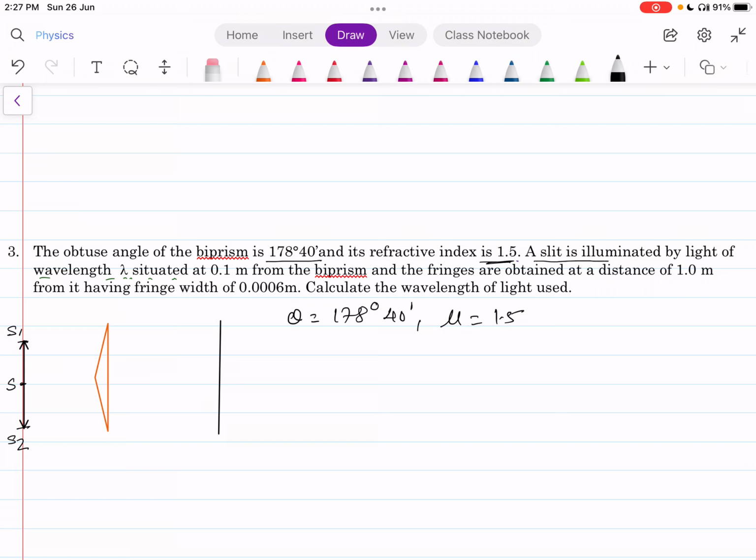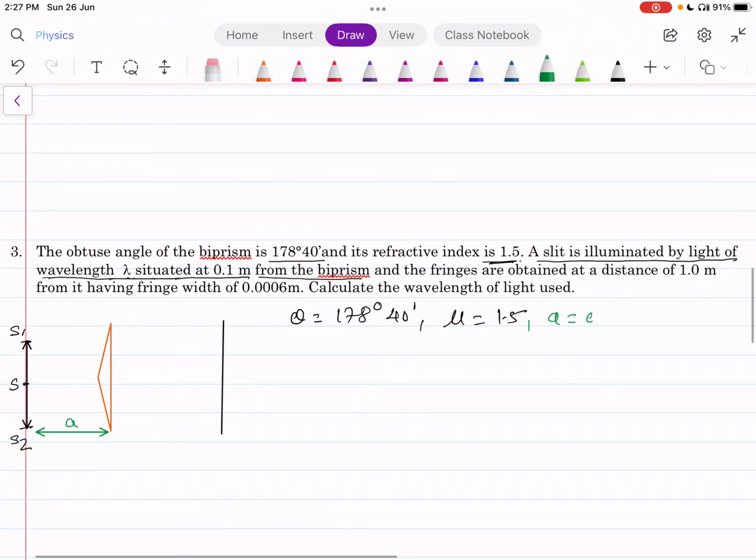A slit is illuminated by light of wavelength lambda, situated at 0.1 meter from the biprism. So in this case, the distance between the source and the biprism is given, which is equal to a. So a is equal to 0.1 meter.